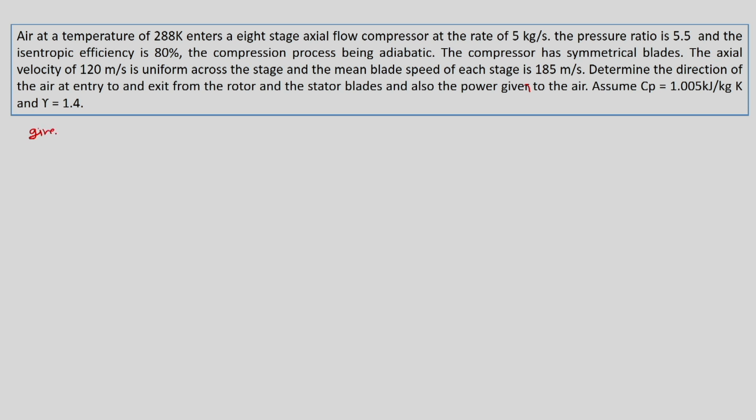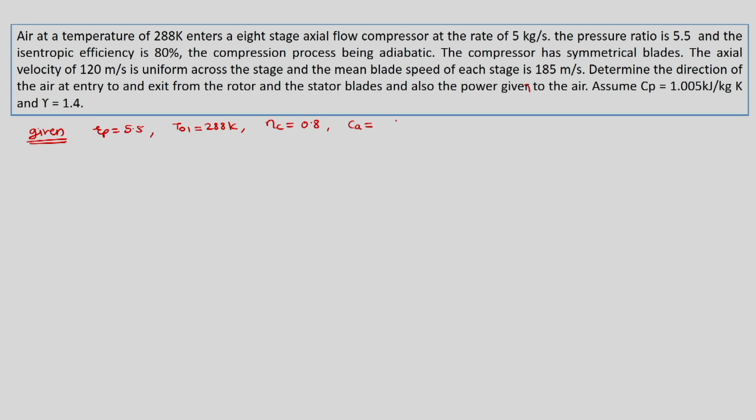Let us mention what are the given things. Given things are pressure ratio is 5.5, T01 is 288 Kelvin, compressor's isentropic efficiency is 80%.